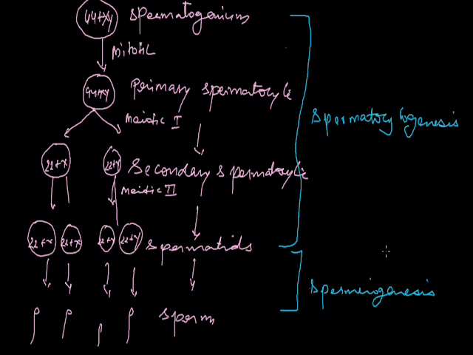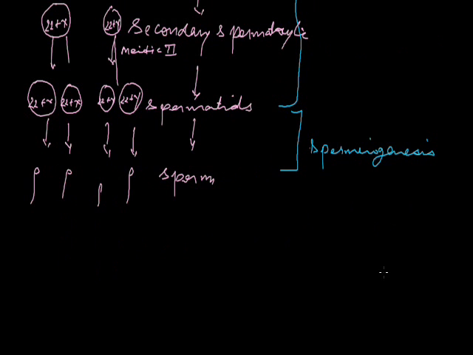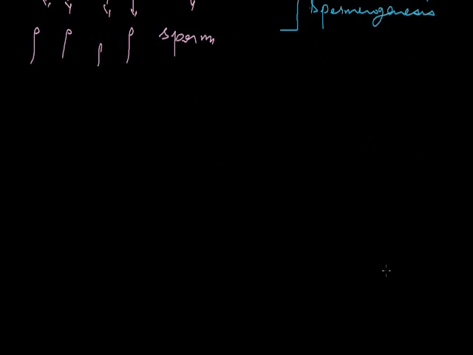Here you can see the spermatogoniums are multiplying and increasing the number of cells. Then the primary spermatocyte is growing and maturing, and finally dividing into the secondary spermatocyte. That is the growth phase. Finally, in the maturation phase, the spermatids are maturing into the sperms. That was about spermatogenesis.